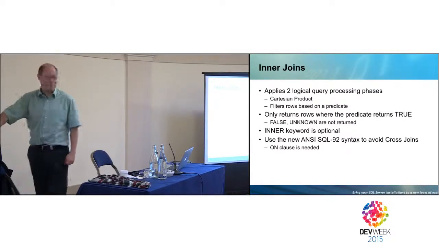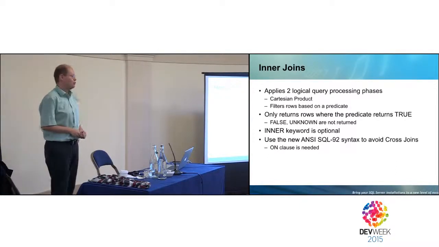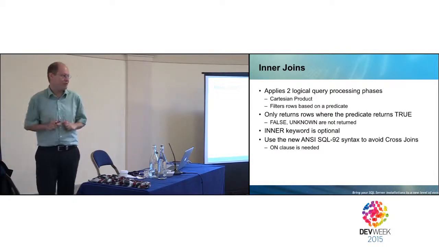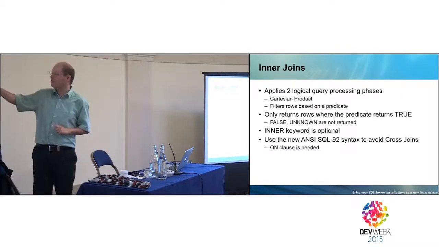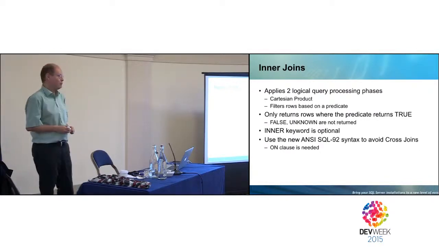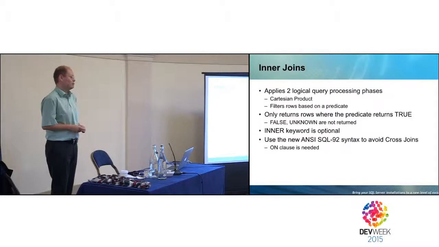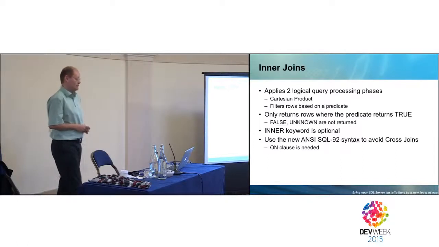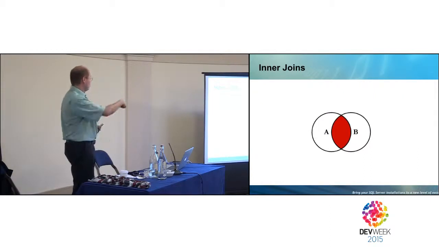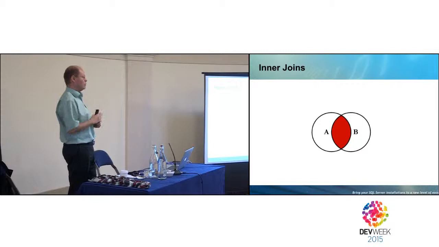The first step, we create our Cartesian product on the logical level, not on the physical level, because that would be variable. And then we just filter common rows. So we have here 3 matches. Just think about that. So we are just intersecting both tables, and we return those rows which appear in both tables.